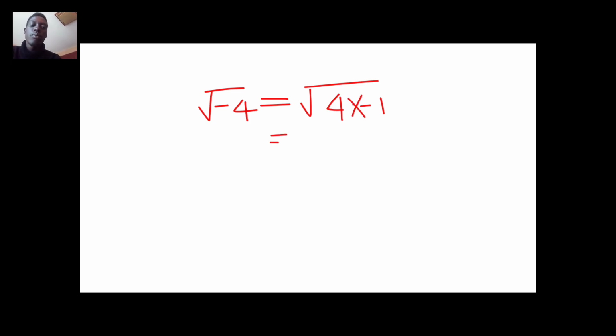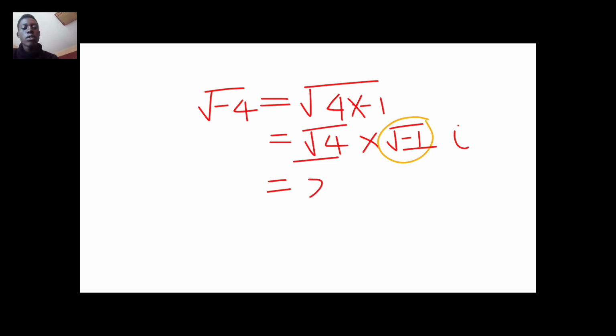This is going to give you root of 4 times root of -1, and you already know that the square root of -1 is the same as i, so you replace it with i. The square root of 4 is simply 2. So 2 times i, this is 2i. This is the result. That is how you solve negative numbers under the square root.